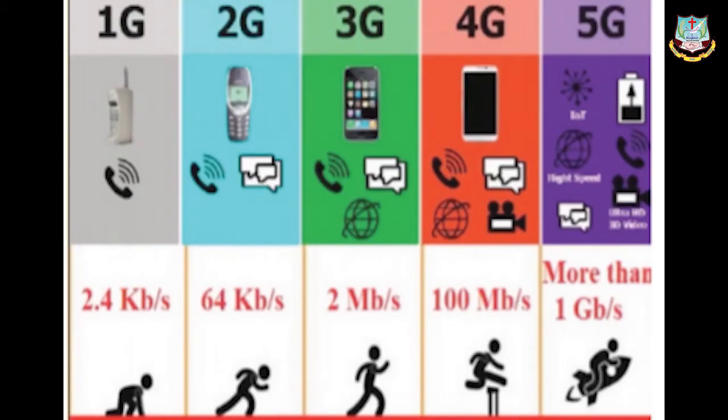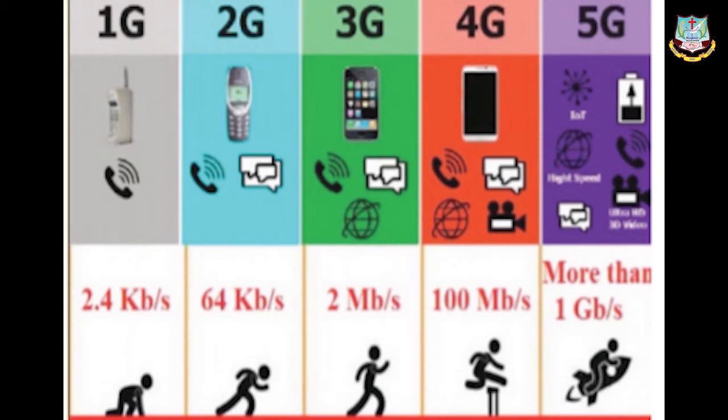The next one is 2G, the second generation, in the year 1991. This is the GSM launch. GSM means Global System for Mobile Communication, right? In the second generation, mobile systems were placed on digital transmission with GSM.